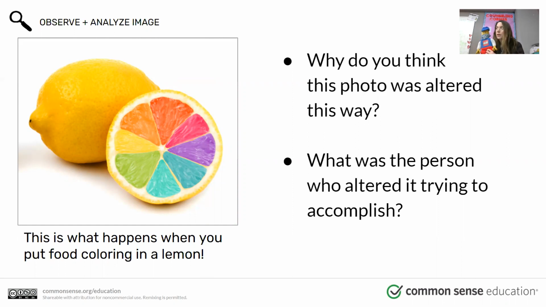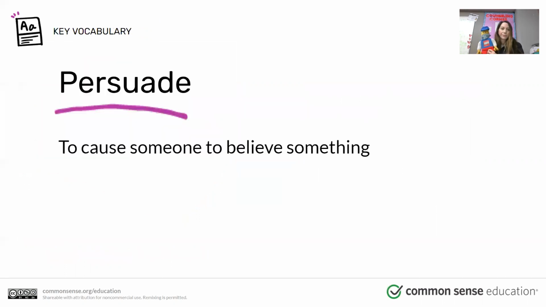Are they using this for some sort of ad to get people to click, to get their attention? Or to get them to believe that if you do this with food coloring, this is what the lemon will look like? There are so many different reasons why people do these things on the internet. We may not always know the reason, but we have to be smart enough to know that it's been done and that we shouldn't believe that it's actually real or the truth.